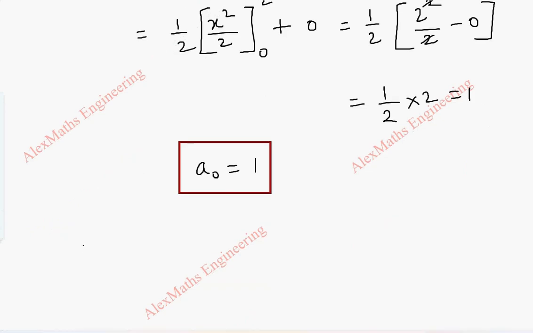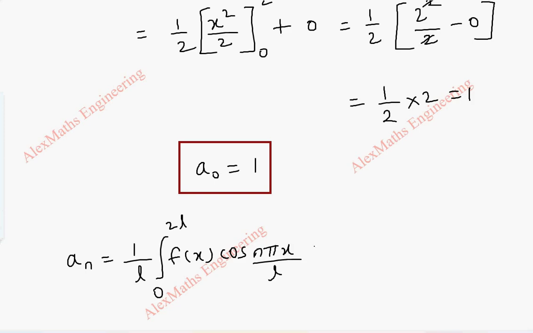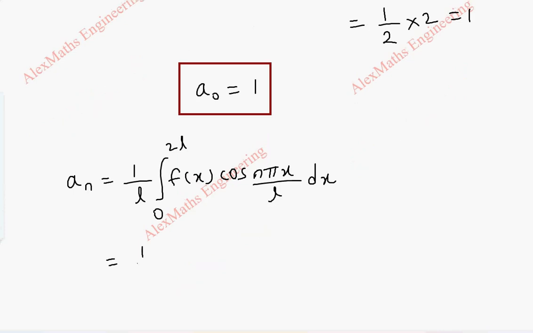Now an formula is 1 by L integral 0 to 2L f of x cos n pi x by L dx, and we have to use the value of L. So 1 by 2 integral 0 to 4 f of x into cos n pi x by 2 dx.